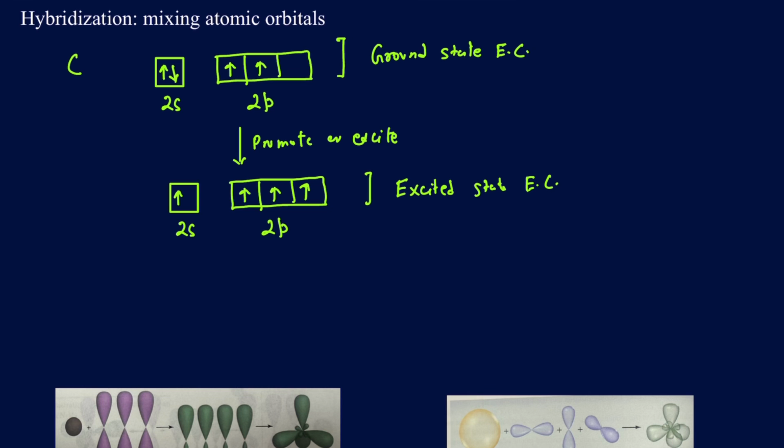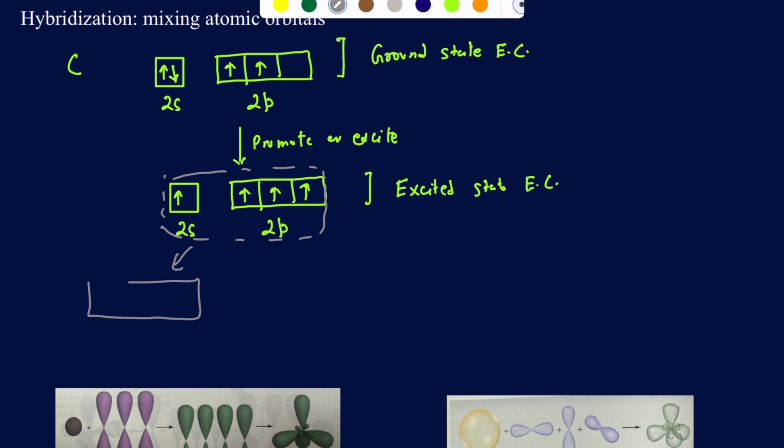If I mix all of them, then I get a set of four orbitals having one electron each, and we call those sp3 hybrid orbitals in this case.